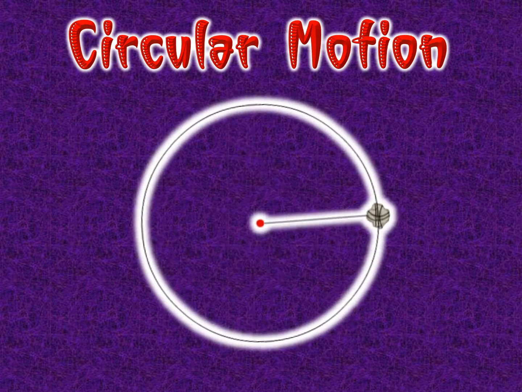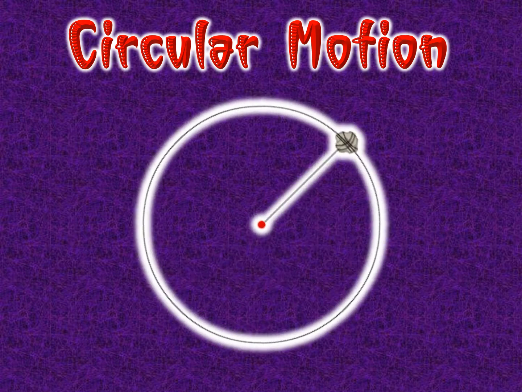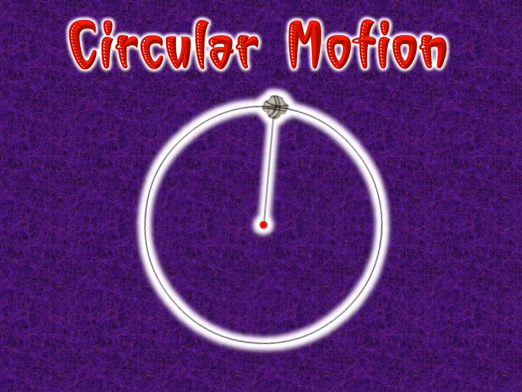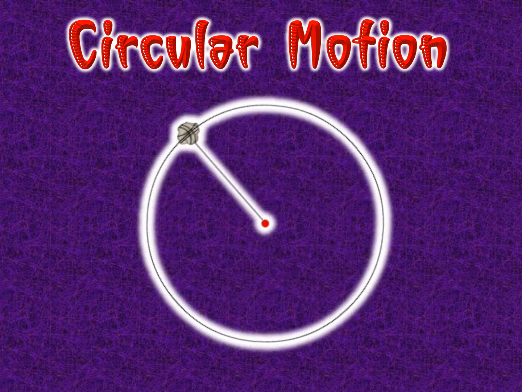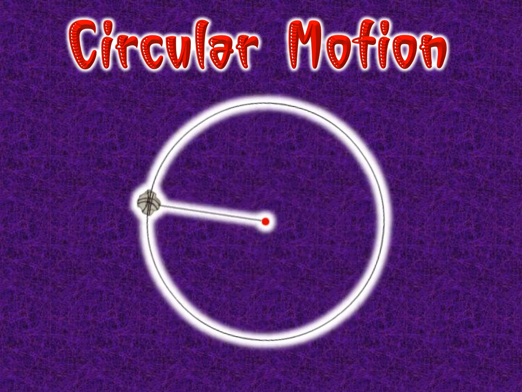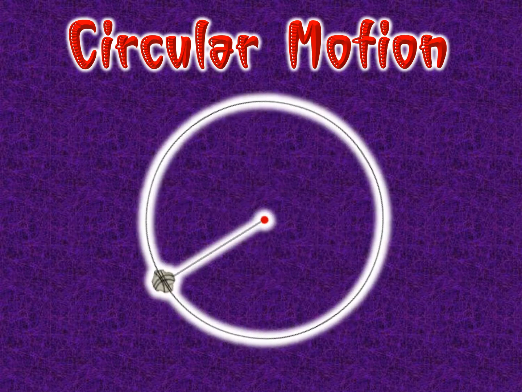So what makes it go around and around? Well, it depends on a number of factors. It depends on the direction the object is moving to begin with. It depends on the forces that are applied. Remember, F equals ma, right? So is this object accelerating? Well, it looks like it's going at a steady speed, so maybe that's not accelerating.